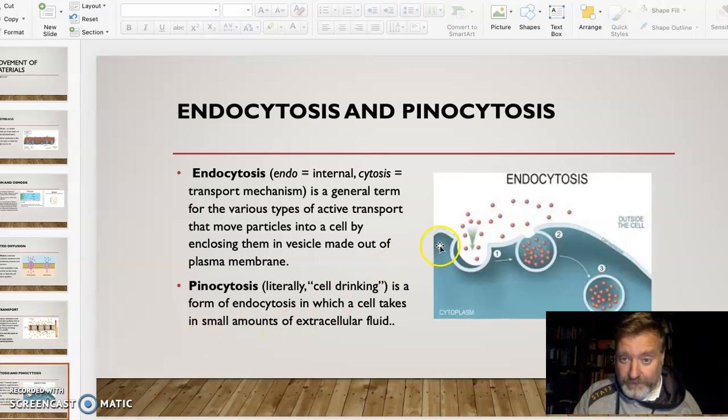So if this is a solid or liquid, the membrane encapsulates it. It's called invagination. It wraps itself around there and gathers a whole lot of it together, and that bit of membrane then nips itself off and creates a vesicle full of the stuff you wanted that's outside the cell, and you brought it in. Easy peasy.